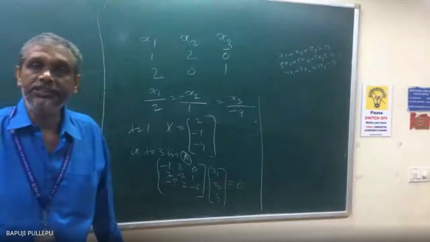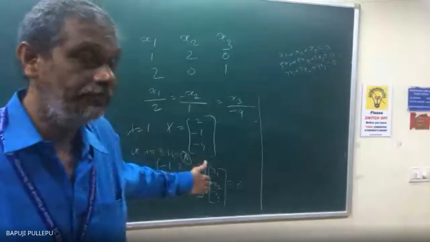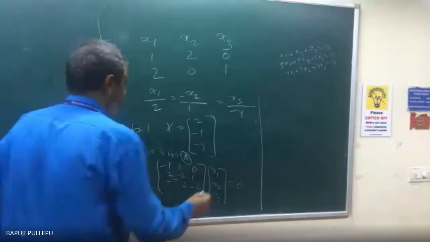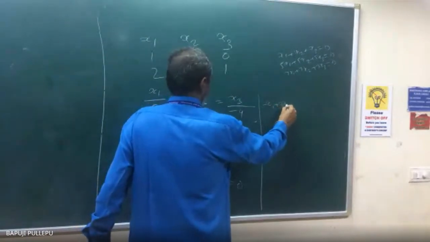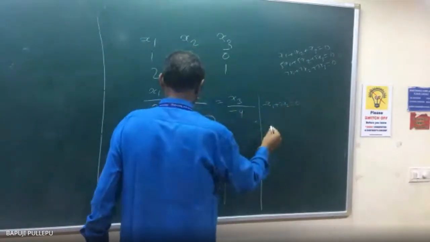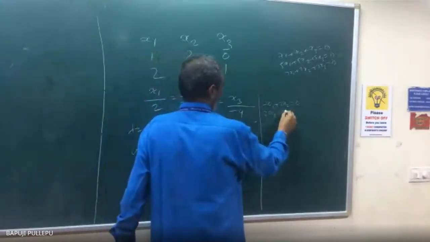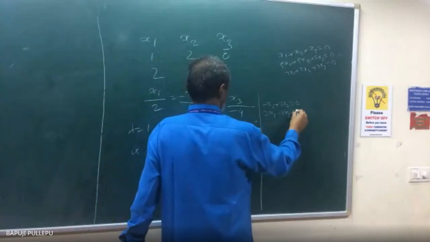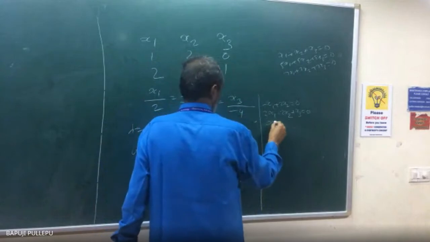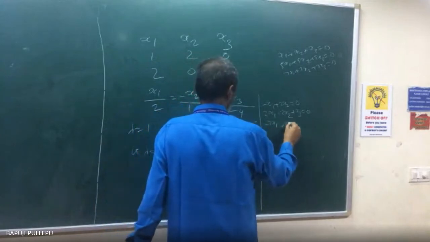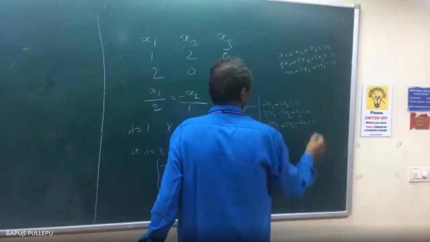Take any two equations we can play. -x1 plus 2x2 equal to 0. 2x1 minus 2x2 plus x3 is equal to 0. Minus 7x1 plus 2x2 minus 6x3 is equal to 0.